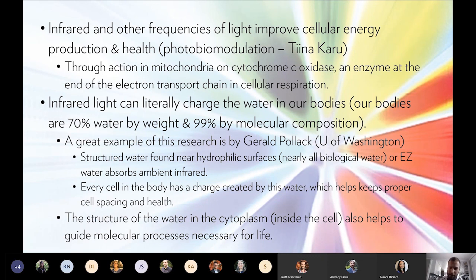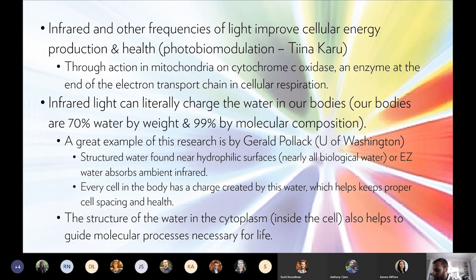There's a chart that I can show you, but I didn't put it in here because I didn't have room. And actually improve cellular energy production. That enzyme's able to absorb that light and improve the process. I'll talk more about photobiomodulation a couple times in the presentation, but I wanted to introduce it here related to the sun.